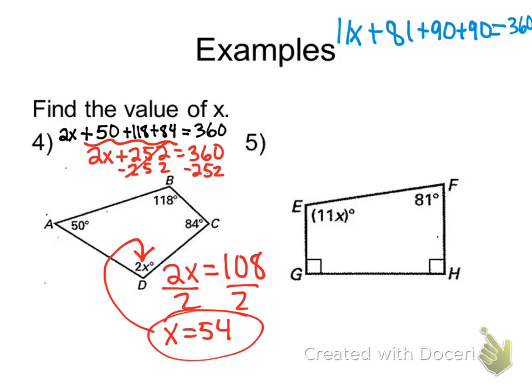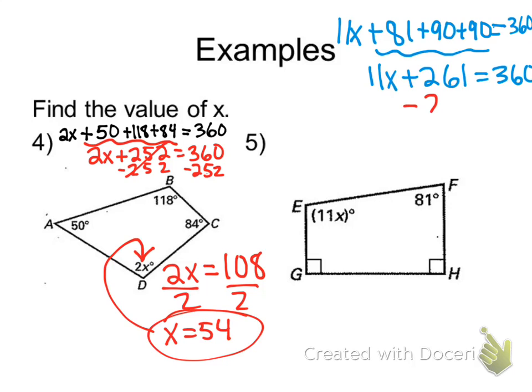Alright, again, we can combine all the like terms on the left side of our equal sign. 81 plus 90 plus 90 is 261. Good, and that equals 360.